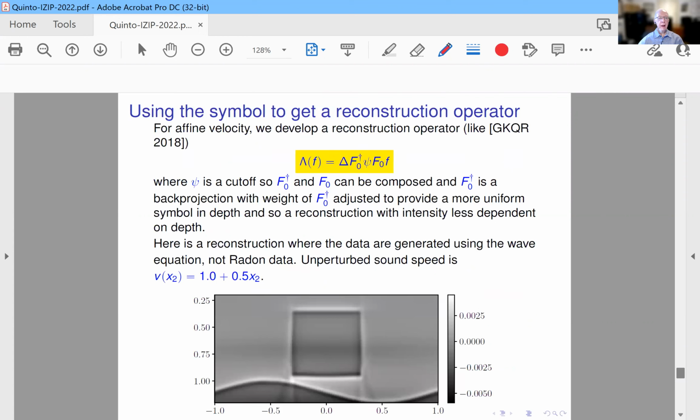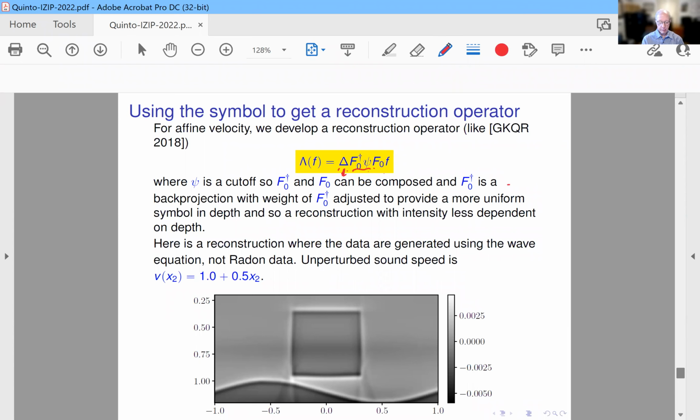Now then, this gets back to what we were talking about at the beginning, how to get a reconstruction operator. So for affine velocity, we develop a reconstruction operator. We're going to use our K delta. And then we're going to create a weighted back projection. And here's F0 dagger. And then here's psi and F0. So psi is the cutoff we talked about.